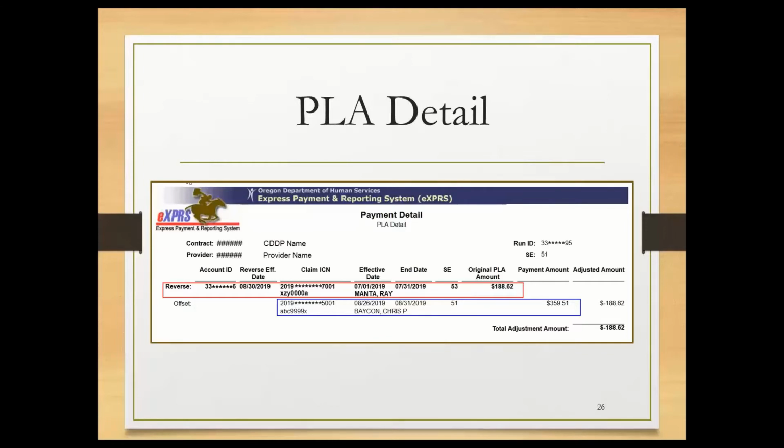Chris's claim was $359, but $188 was held back out of that $359. So that was the particular claim that was used to recover that $188.62 liability that was owing to you.